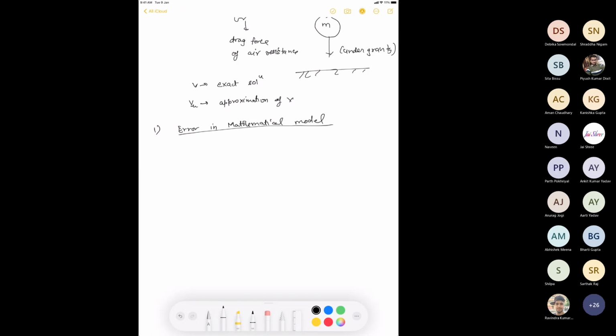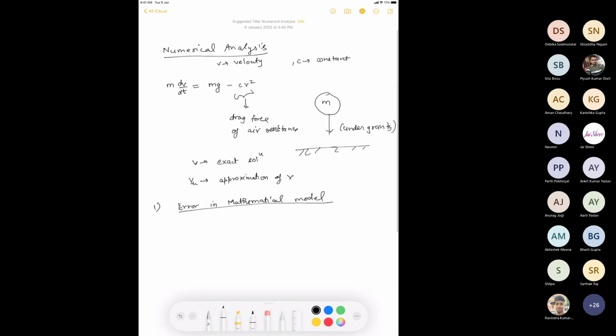And if you are putting in a lot of assumptions, it might happen that your mathematical model is not that accurate, right? And then if you try to find the approximation of that model, of course, you are not going to get a good approximation of the actual solution, right?